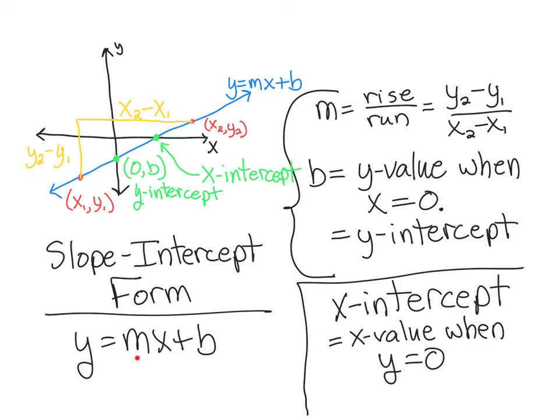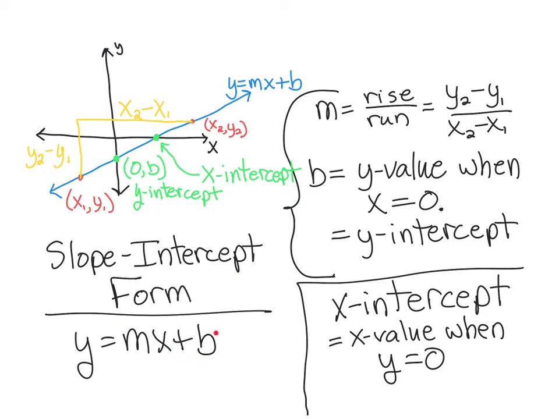If this is a number bigger than 1, then my slope is steep. If it's a number smaller than 1, then my rise is less than my run, and it's more shallow. If m is exactly 1, then x and y are increasing or decreasing at the same rate, which makes it a 45-degree angle.